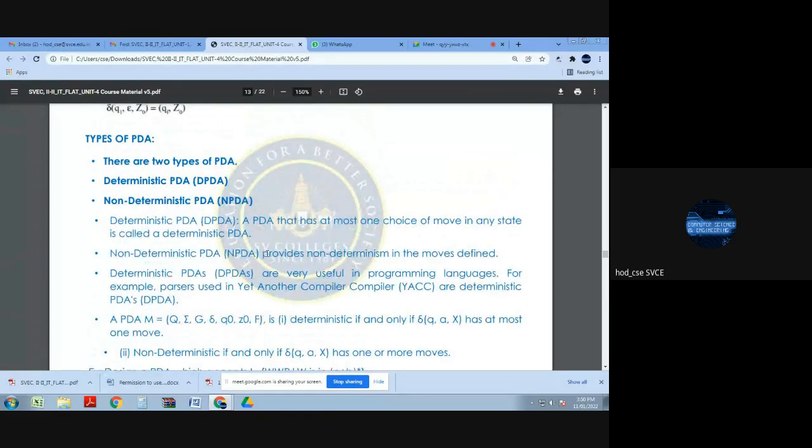The PDA is of two types, deterministic PDA and non-deterministic PDA. A PDA that has at most one choice of move in any state is called deterministic. Non-deterministic PDA provides non-determinism in the moves defined.